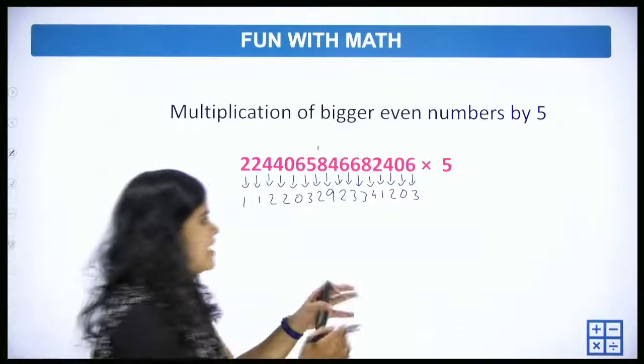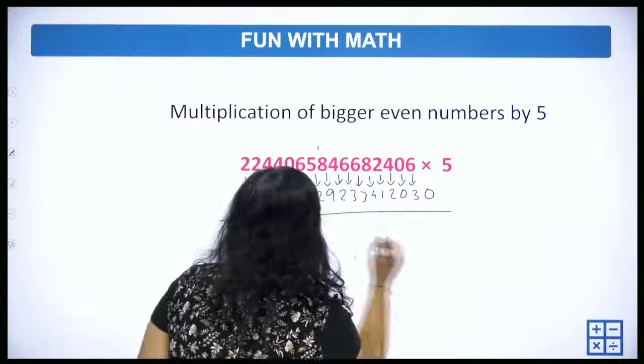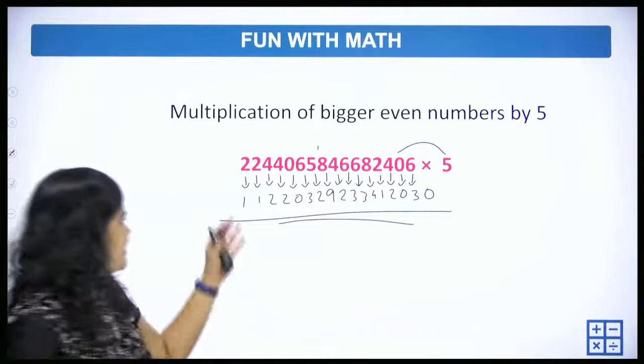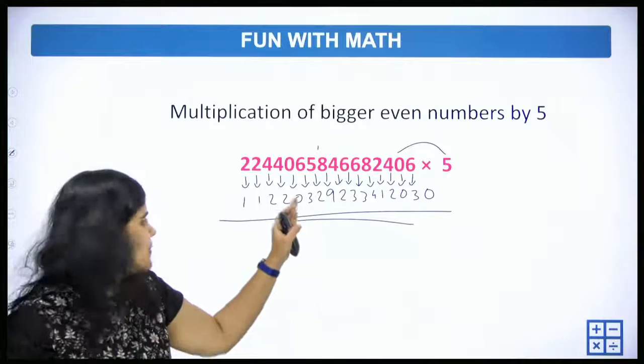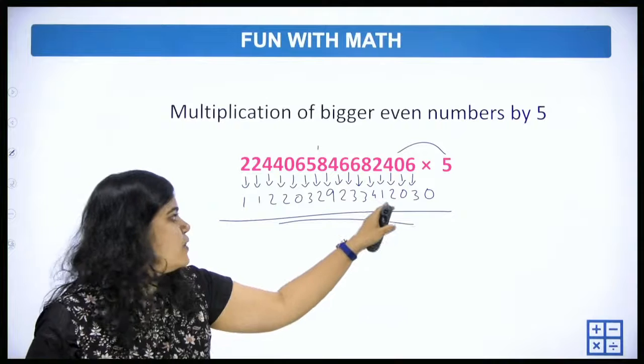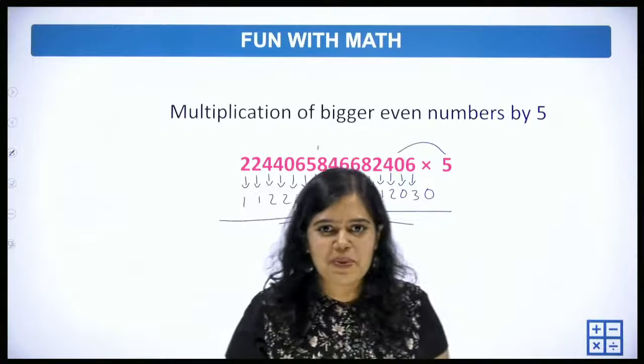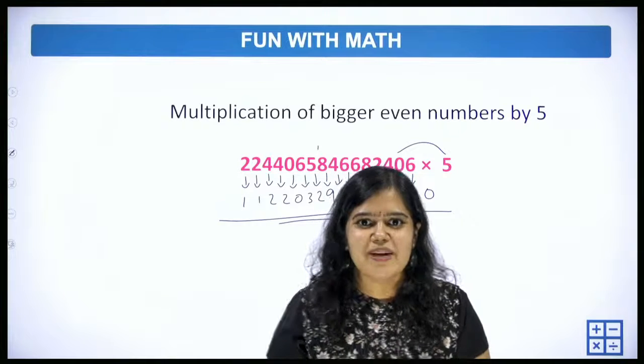And now we are just putting 0. So, on multiplying this, we get 1122292334120330. Such a big number with 5 seconds multiplication.